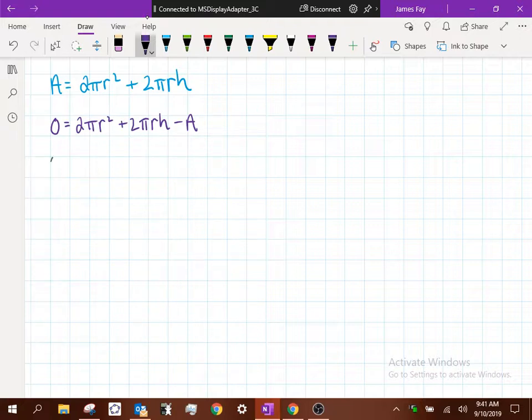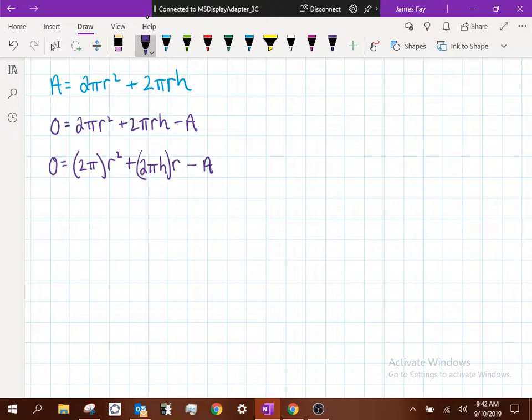I want to make sure that we recognize that the r is the variable term that we're solving for. Obviously we know what 2 pi is, and we'll know what h is. So 2 pi h is my coefficient, and then my A is going to be that constant.